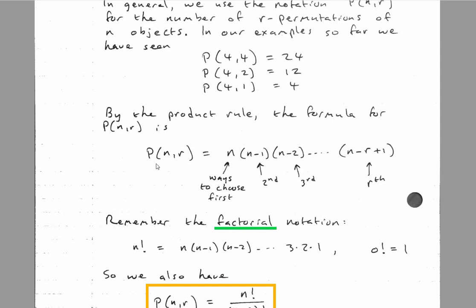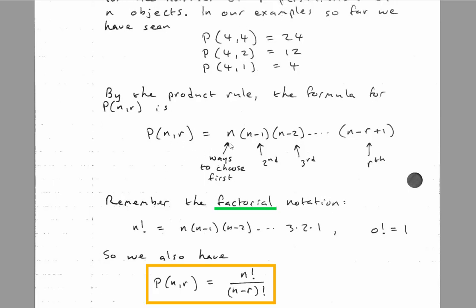And you can see what the formula is, just using the product rule. So the number of r permutations of n objects, well, by the product rule, the first task is choosing the first out of the n, so n ways to choose the first, n minus 1 ways to choose the second, n minus 2 for the third, and then choosing the rth.